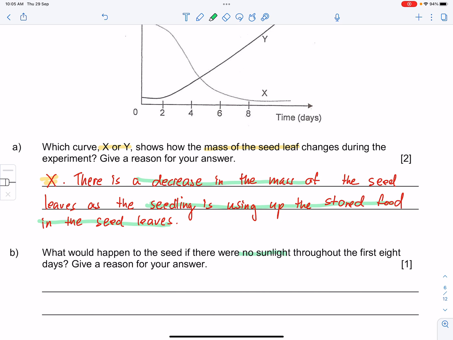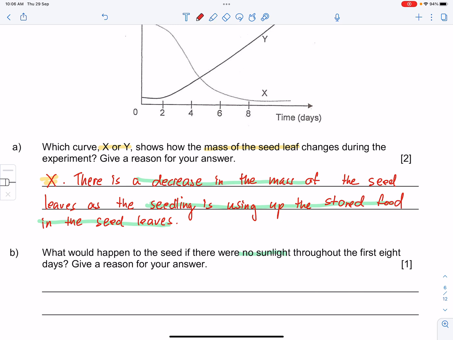However, you need to understand that will germinate alone is not good enough. You have to tell me what are the factors needed for germination, which is your WOW, W-O-W. And then because they said no sunlight, you have to explicitly tell me that sunlight is not required for germination.